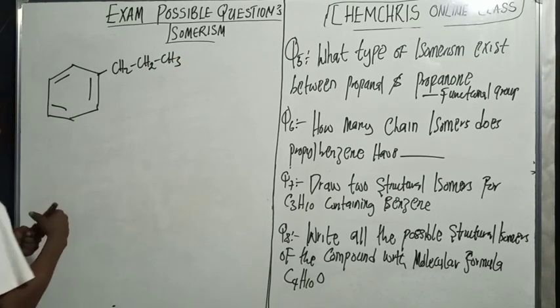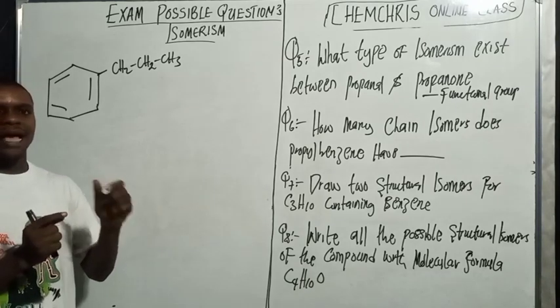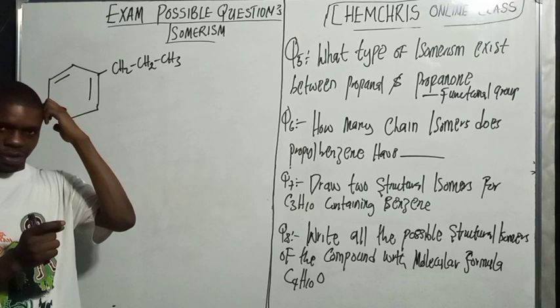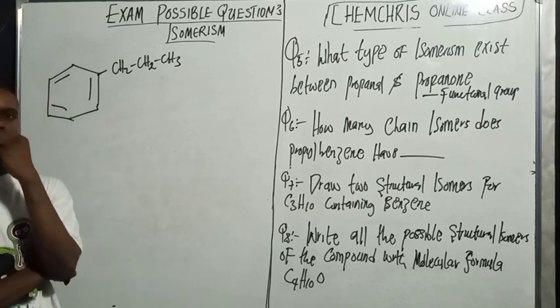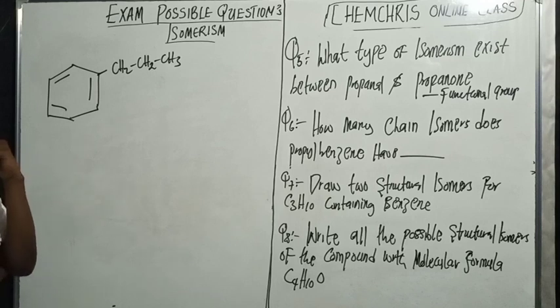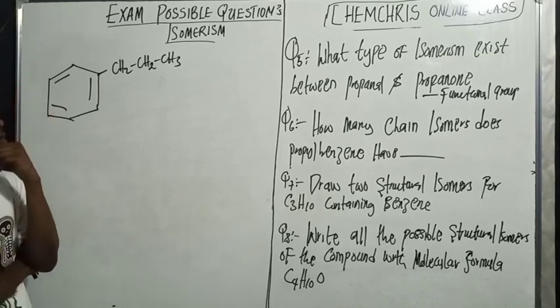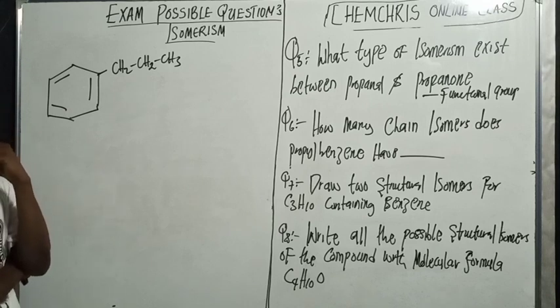So, how do we get this? Because we have propyl, then isopropyl. Just now, we said propyl and isopropyl. So they're asking, how many chain isomers can you get from propyl benzene? So how are we going to do it?